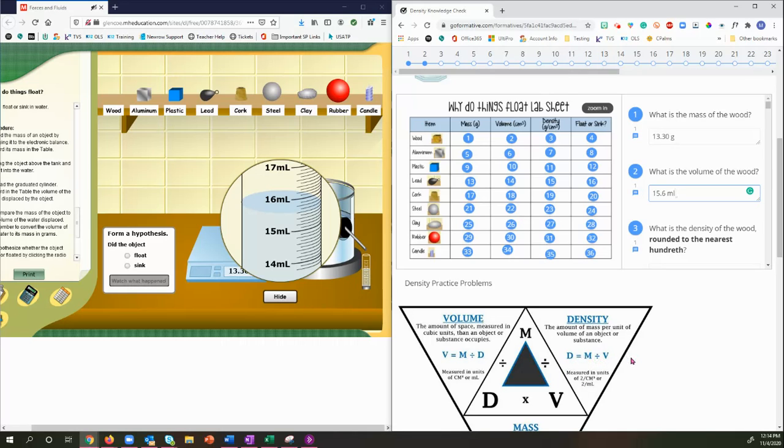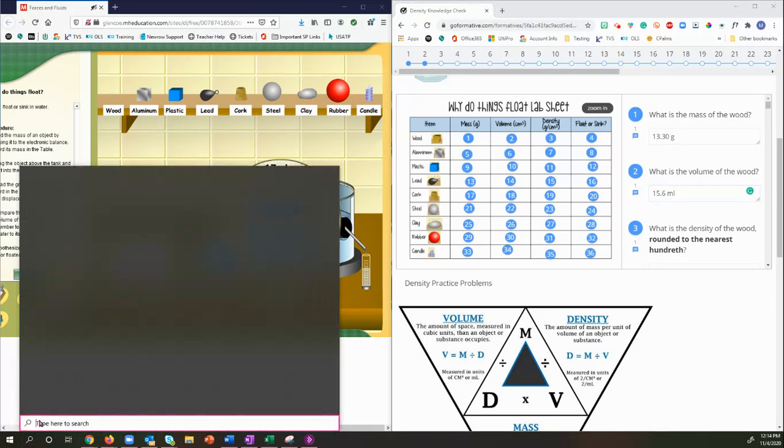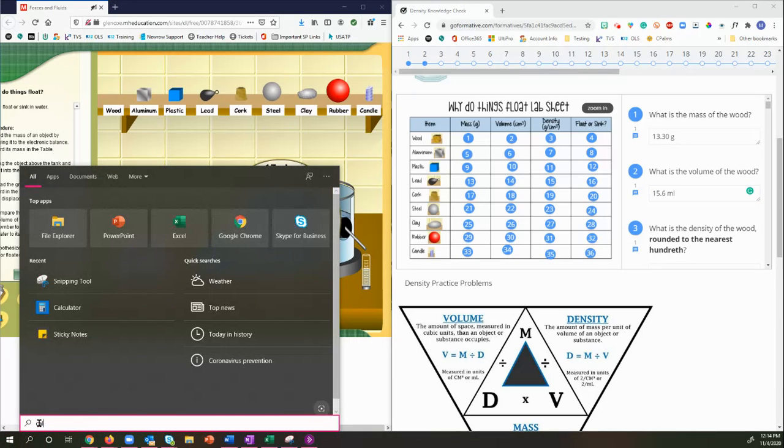We went over this in class yesterday. Looking at the mass, which I have as 13.30, and the volume, which is 15.6, let me go ahead and get a calculator up here for you.